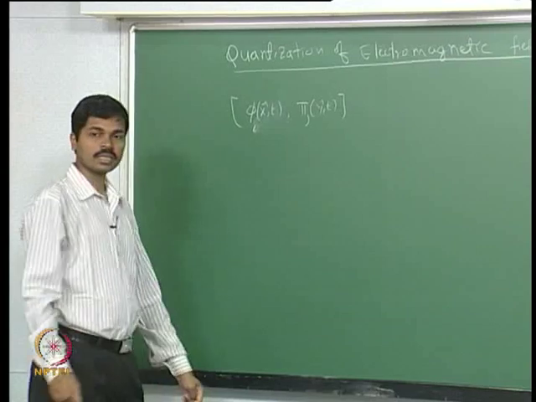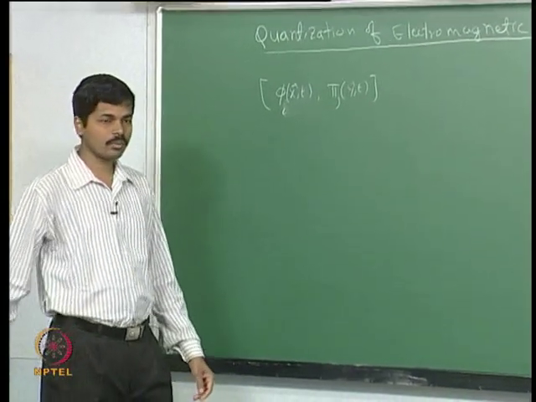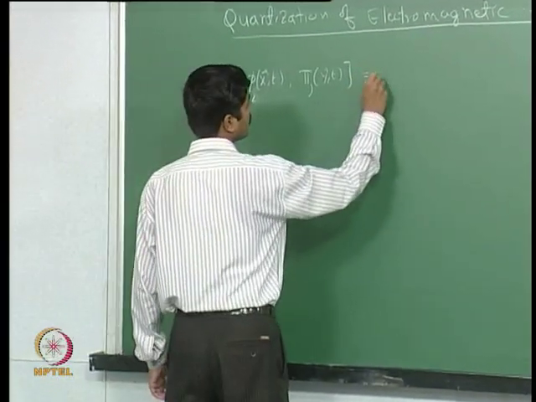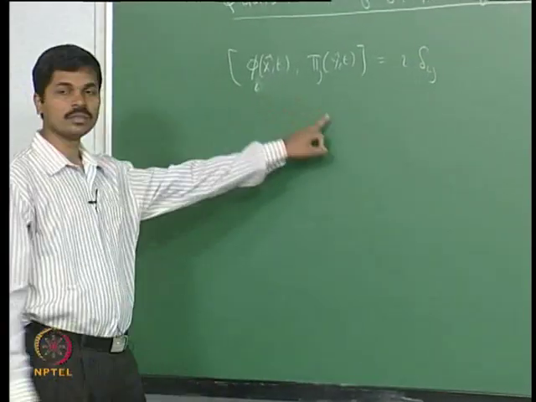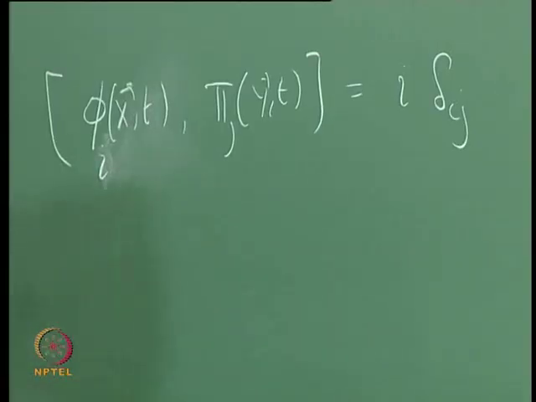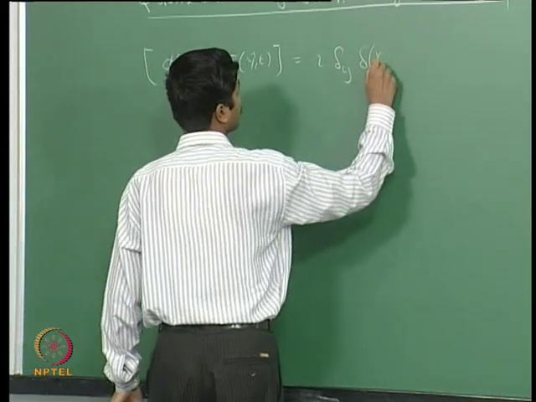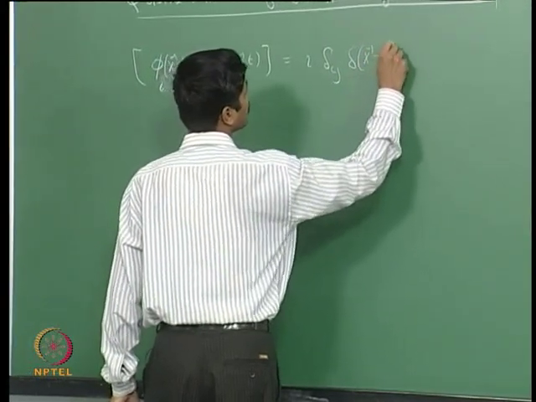So, you postulate this equal time commutation relation to be i delta I j, for these labels I and j, and delta of x minus y.